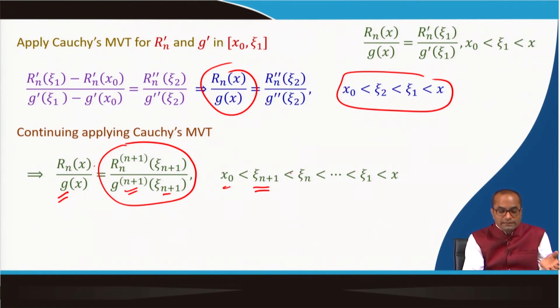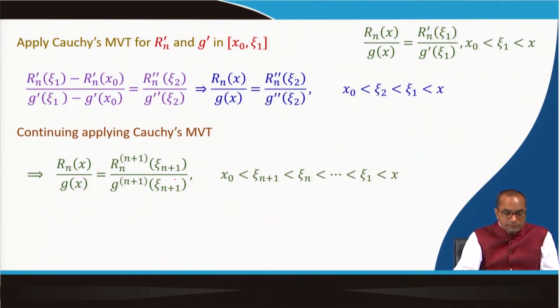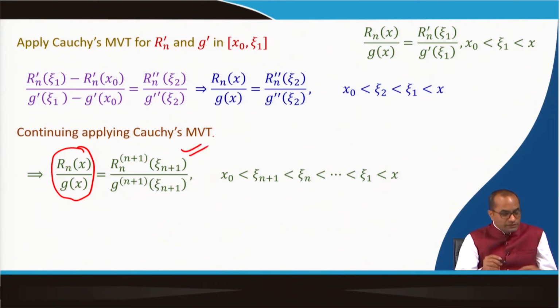So again, like the interval x naught to xi 1 we have considered, in the next stage our interval will be x naught to xi 2 and so on, and then finally, continuing this Cauchy mean value theorem, we will achieve that this ratio Rn(x) over g(x) is equal to this one here.